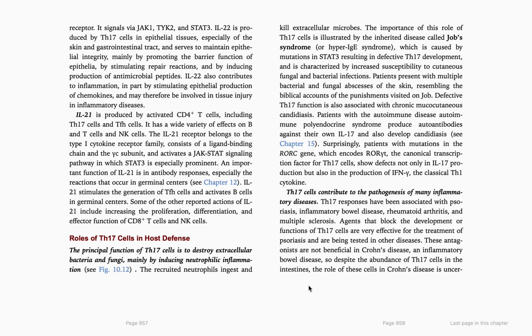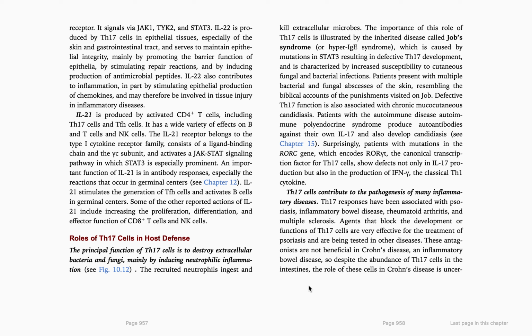Surprisingly, patients with mutation in the RORC gene, which encodes ROR gamma T, the canonical transcription factor for T helper 17 cells, show defects not only in interleukin 17 production but also in production of interferon gamma, the classical Th1 cytokine.